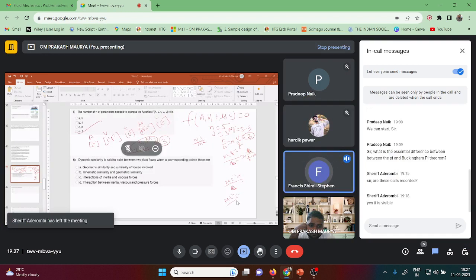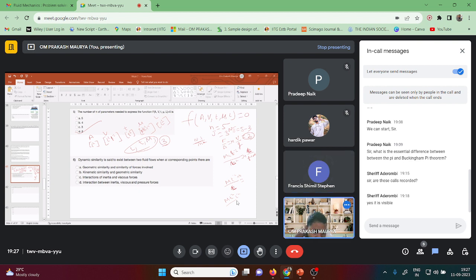So the pi value will be 2. One will be termed as dependent. Is that right? Yes. What are you telling, Francis? So we got the variables as L, T, and M. So 3 variables. Yes, yes. So the pi should be 3 or 2? No, no. Your pi will be 2. Okay. Your pi will be 2.